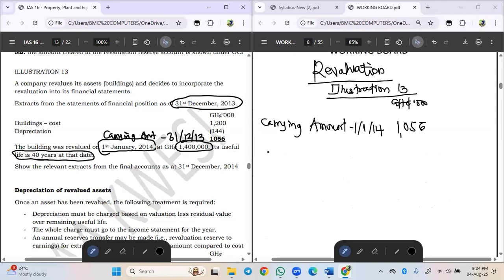So here, the revalued amount is 1.4 million. We are omitting 3 zeros because we're hanging them here. So what's the difference? Are you getting a revaluation loss or a revaluation surplus?